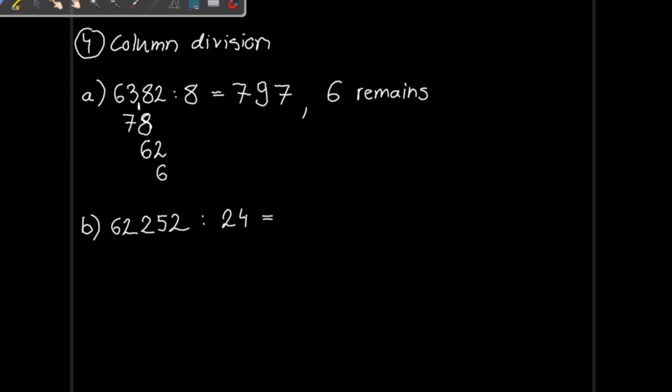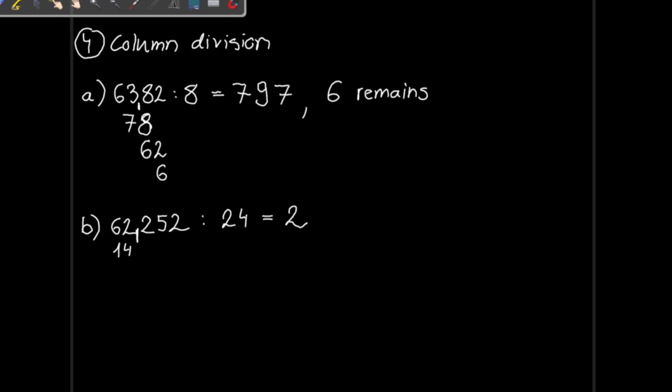We just need to look first at the number 6, which is smaller than 24. So we take 62 and we divide 62 by 24. We know that 2 times 24 is 48, and then 14 remains. 2 times 24 is 48 plus 14 is 62, and 14 is really smaller than 24.